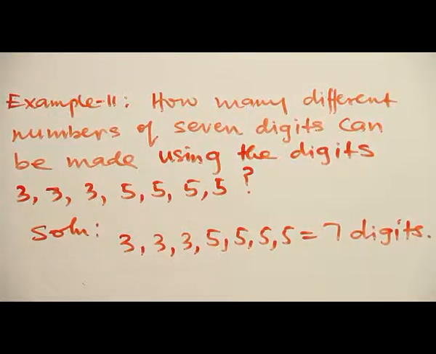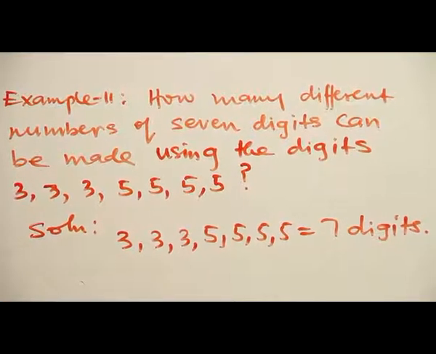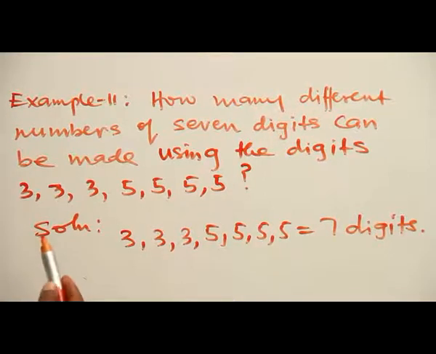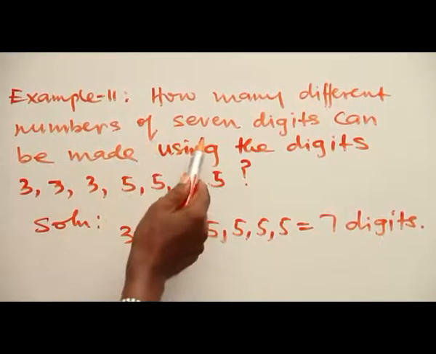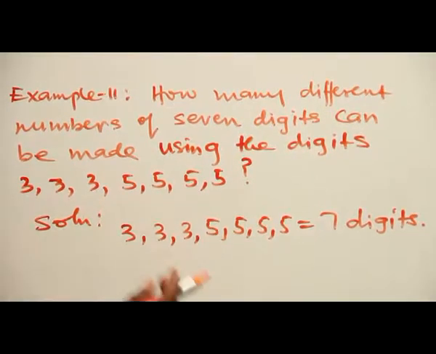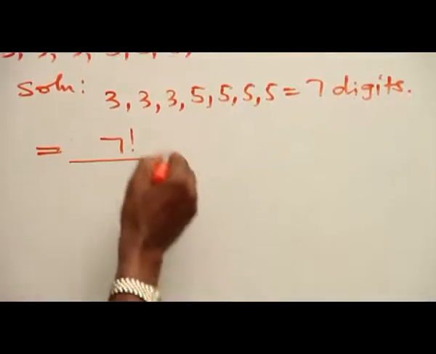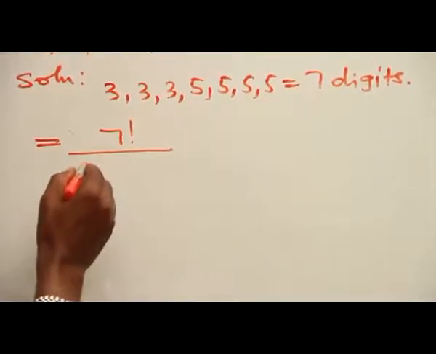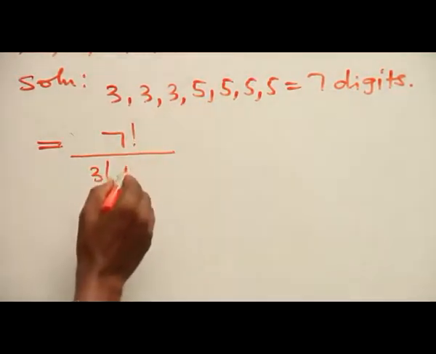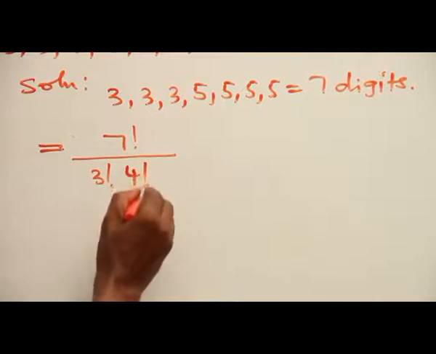Now, we are told to find how many different numbers of 7 digits can be made. So taking all the 7 digits, this will be equal to 7 factorial over, 3 is repeated 3 times, so 3 factorial, 5 is repeated 4 times, and that is 4 factorial.